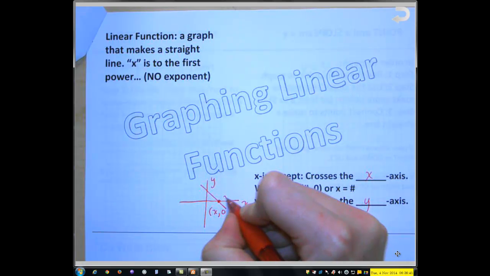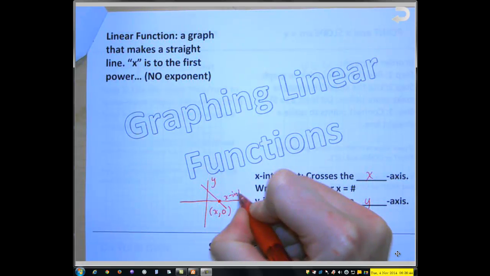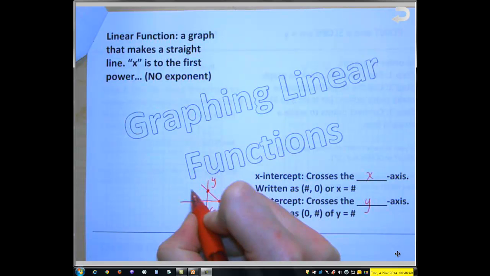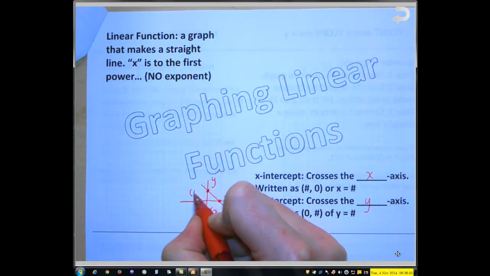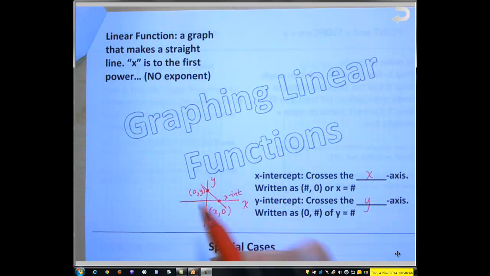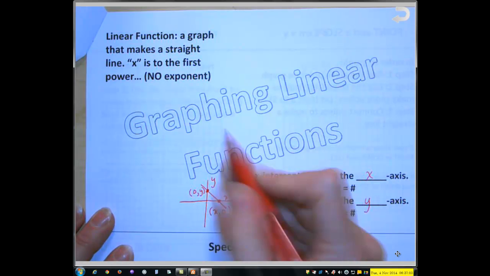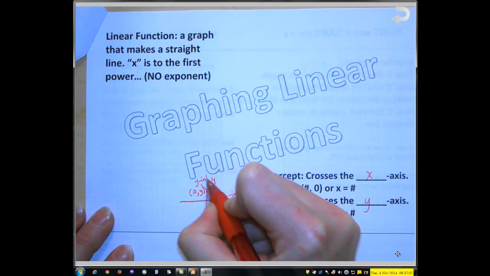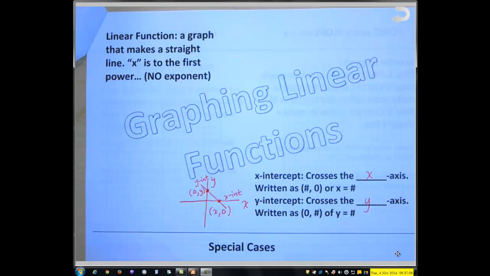So this is an x-intercept right here. The y-intercept would be where this line crosses the y-axis. Its coordinates would be 0 and the y-coordinate. So notice that the x-coordinate of the y-intercept is always 0. So this we would call our y-intercept. It just gives you a little visual of what that looks like.